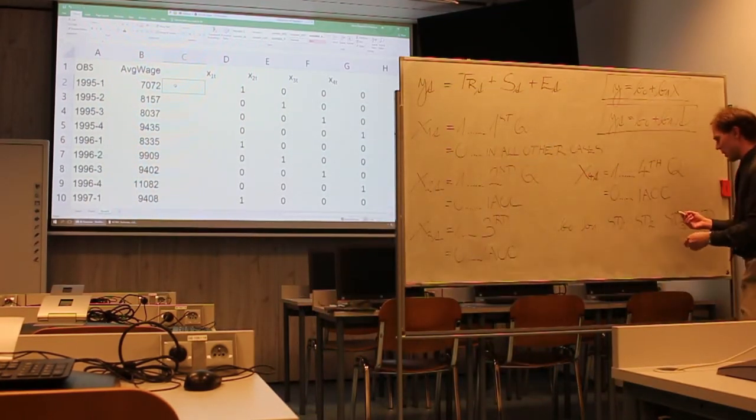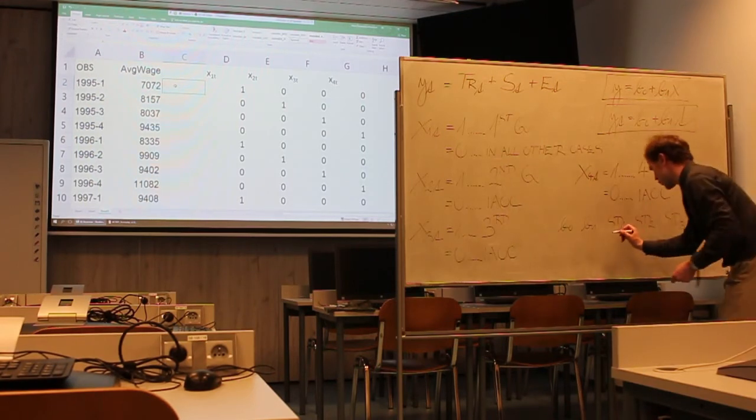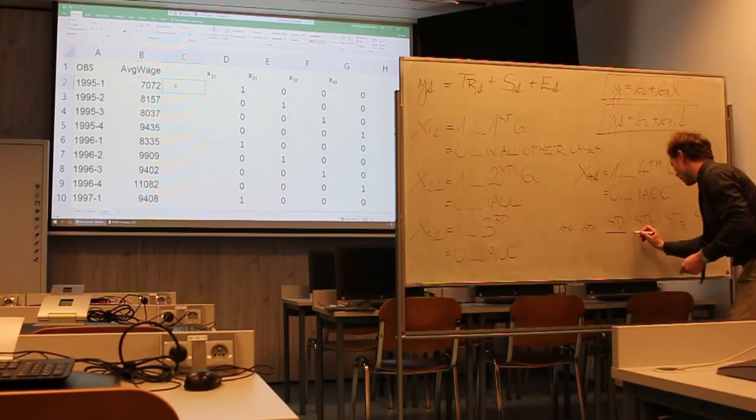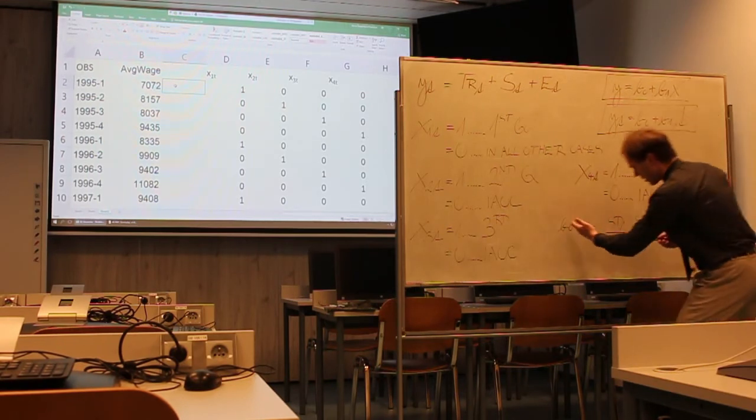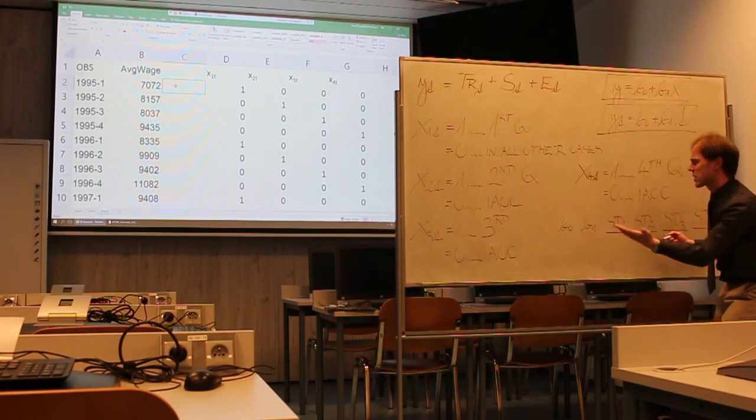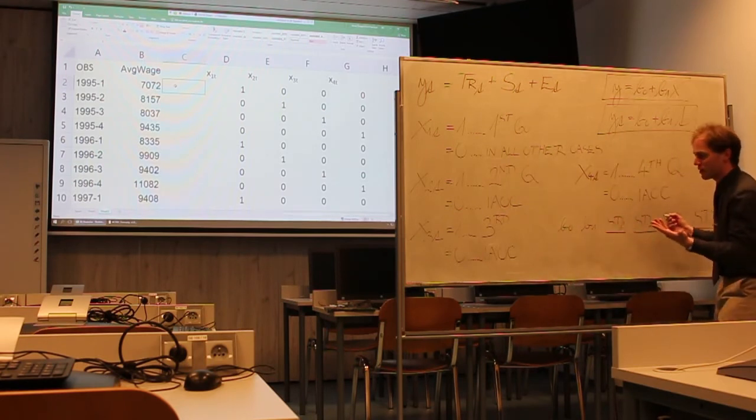So parameters, coefficients, SD1, SD2, SD3, SD4, we have 4 variables. We will estimate 4 coefficients, 4 parameters. There is a vector of constants, a vector of intercepts.